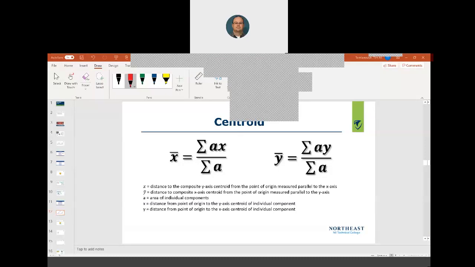Let's talk about centroid. If you look at these formulas for the centroid, instead of the W, as we see right here, it's an area. A stands for the individual component area. We need to find the centroid in the XX centroidal axis, which is Y bar, and the YY centroidal axis, which is X bar, because we need to know where the centroid of that composite section is.